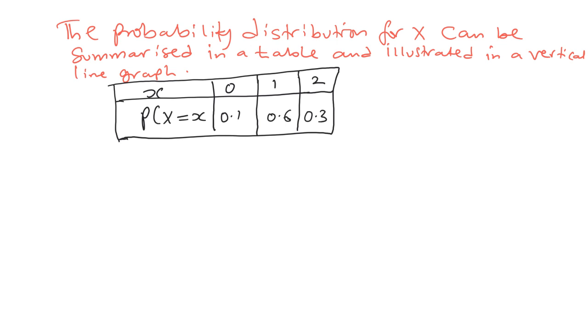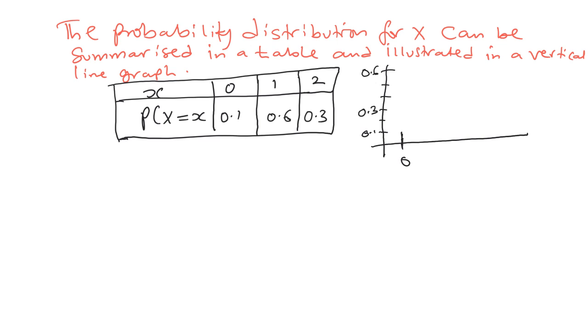If we are to represent this on a vertical line graph, we did this yesterday, but I'm just repeating myself. So this is 0.1, 0.2, 0.3, 0.4, 0.5, 0.6. This is 0.6, this is 0.3, and then 0.1. So x equal to 0, we have a vertical line.